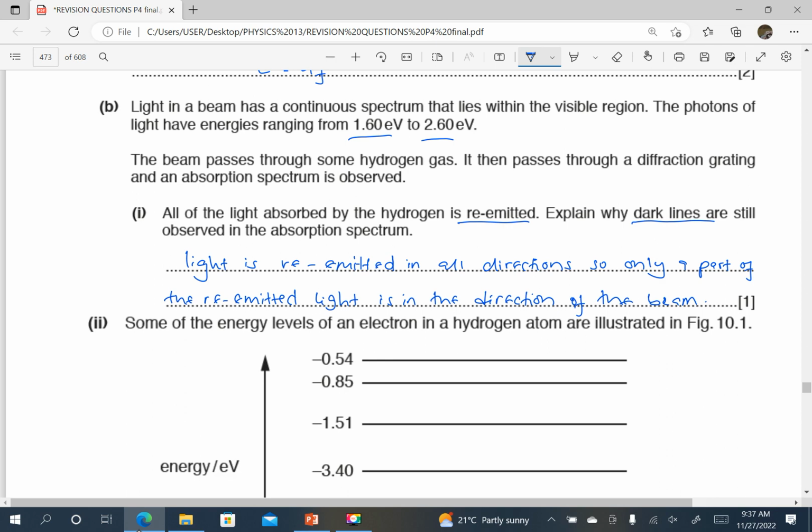So the other part which is not in the direction of the beam will appear as dark lines on the screen or in the spectrum.